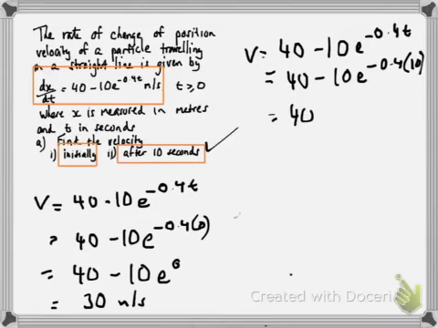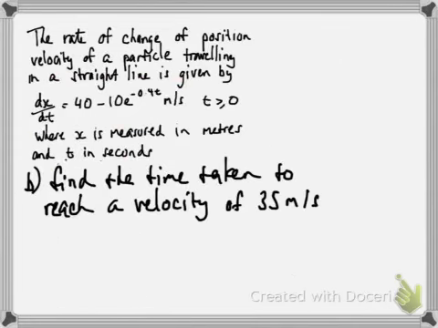Equals 40 minus 10 e to the negative 4, which equals, if we work it out in a calculator, 39.82 metres per second. So there we are, we've answered that first question.